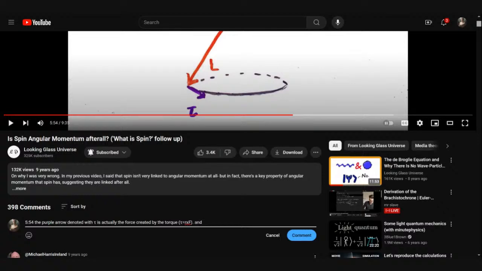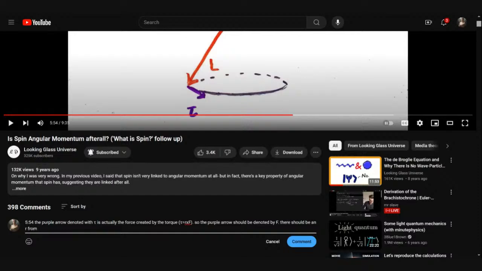And so the purple arrow should be denoted by F. There should be an R, a radius from the center of the circle to the orange arrow head.